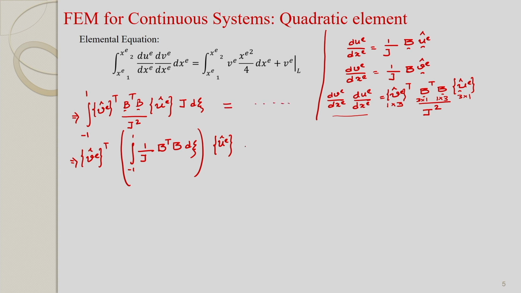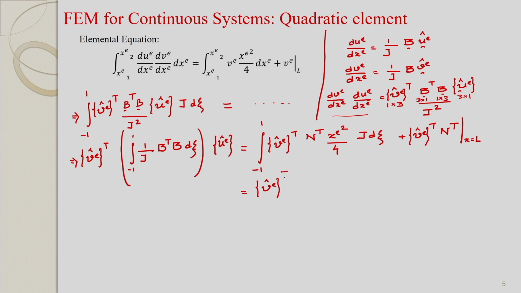So, I will write the RHS here. v_e transpose N transpose x squared by 4 J d xi, due to coordinate transformation from minus 1 to 1, plus v_e transpose N transpose at x equal to L. Again we can take v_e hat transpose outside the integration.